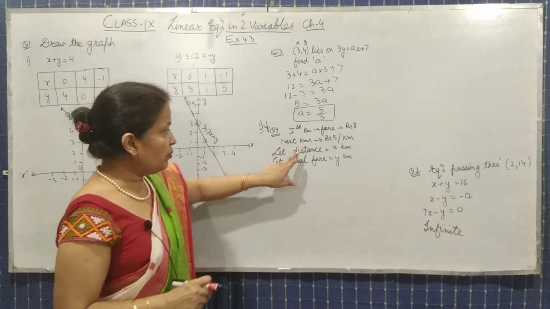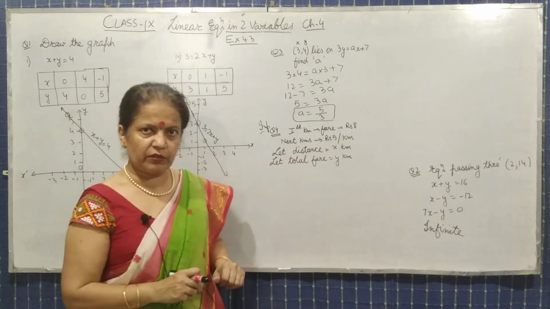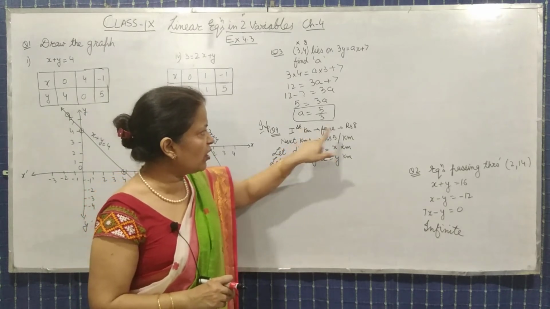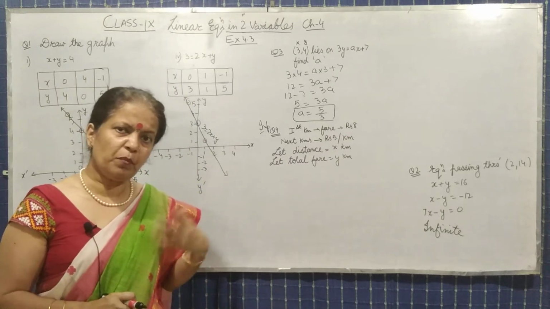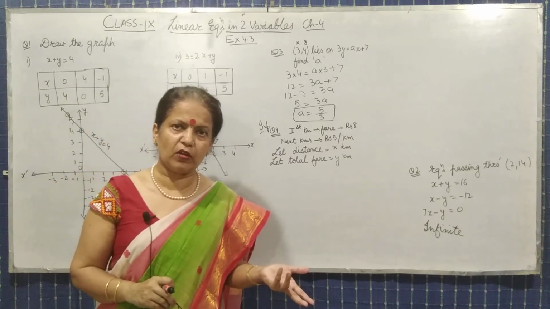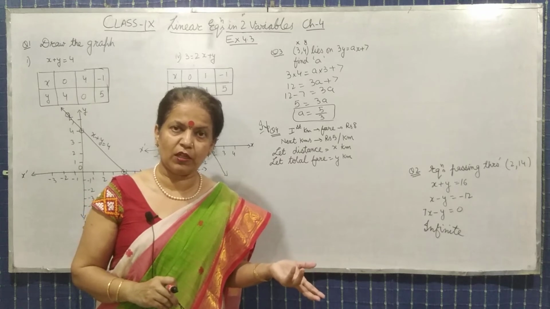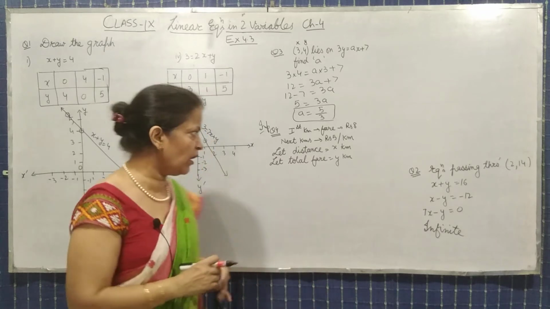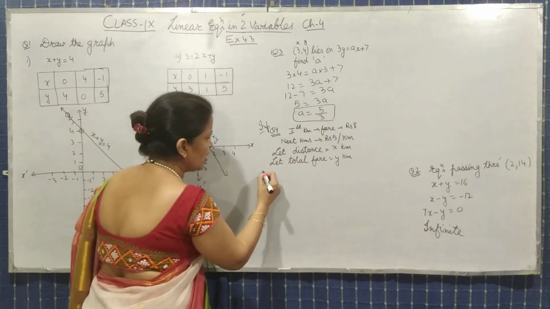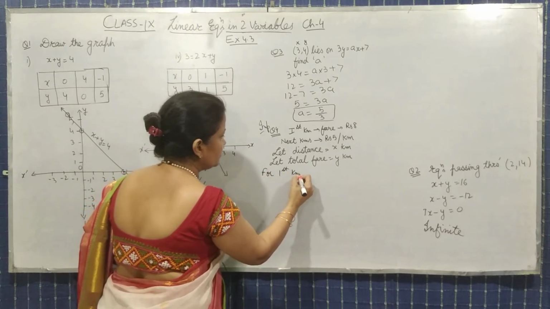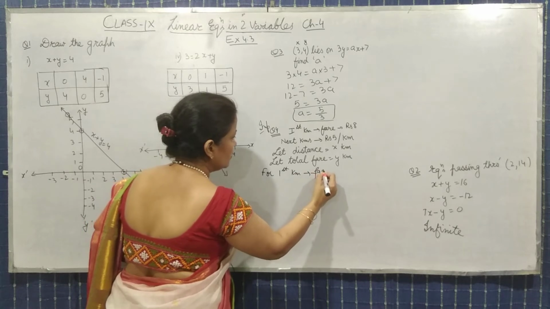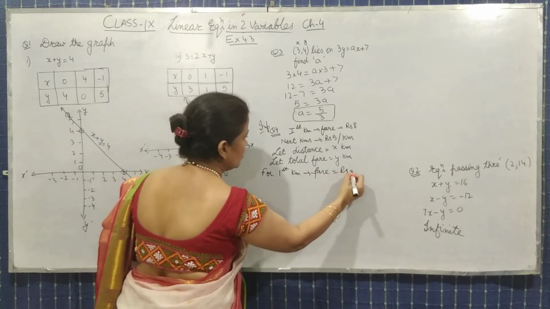Now see, distance is x and for the first kilometer the amount taken is 8. So how many kilometers will remain? x minus 1, isn't it? x minus 1 will remain. So for the first kilometer the fare is ₹8.